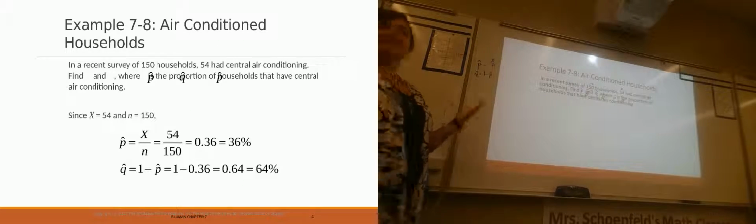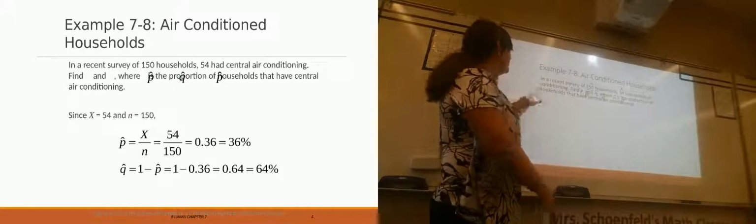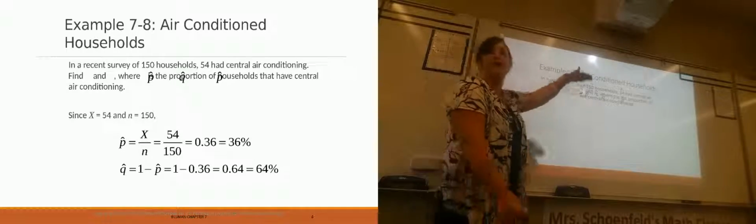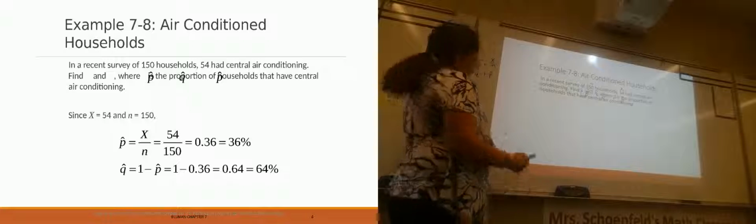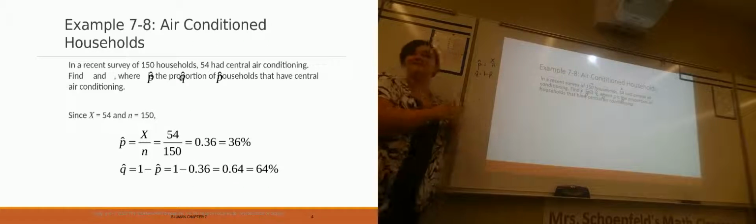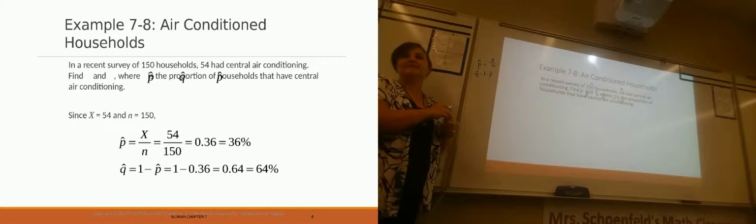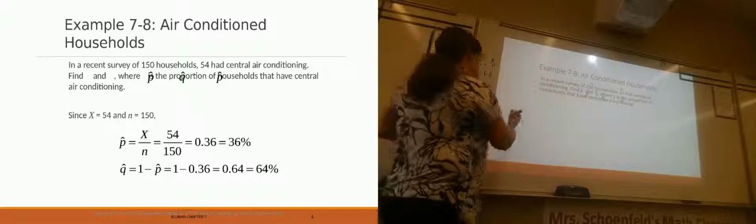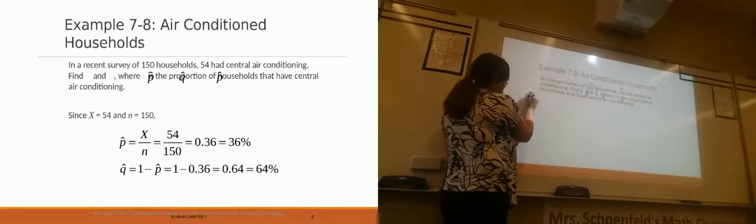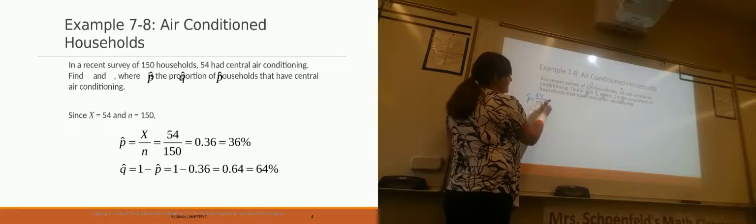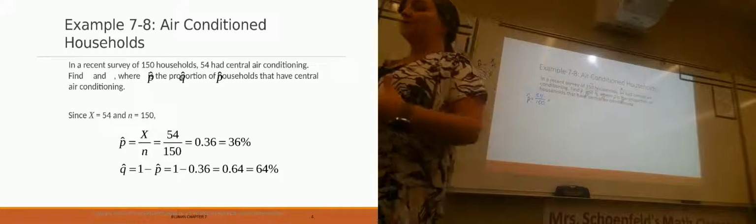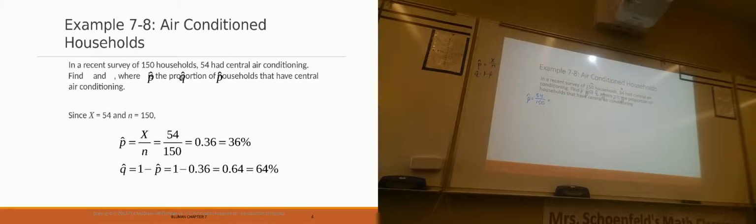Okay, so P hat is equal to 54 over 150. We don't want fractions at all. We want the actual decimal value.